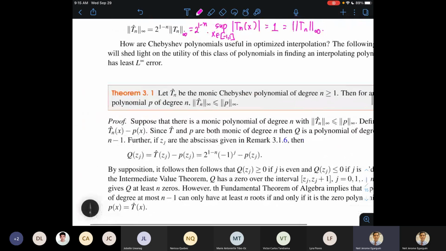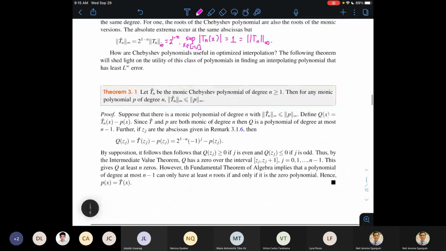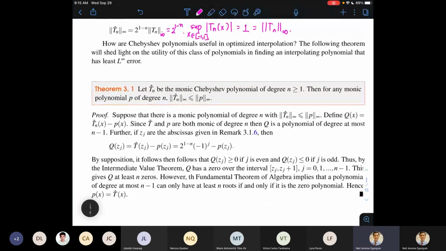Theorem 3.1 tells us that the monic Chebyshev polynomial of degree n attains the lowest L infinity norm among the class of monic polynomials of degree n. So take some time to read this theorem 3.1.